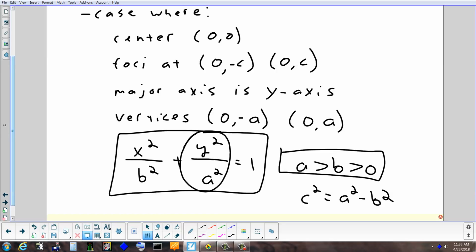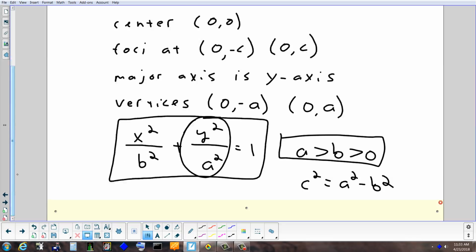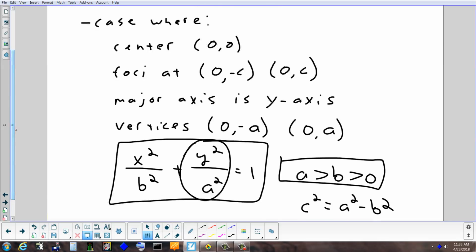I didn't specifically write this, but if the major axis is up and down, then which way would the minor axis go? Left and right. They're always perpendicular. Okay, does everyone have what they need for that? All right.